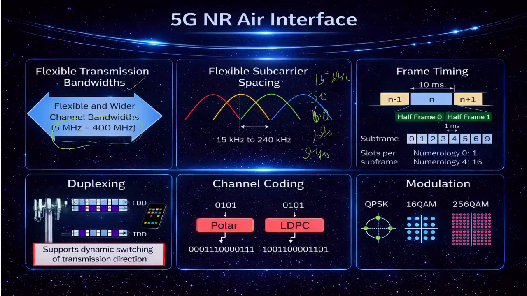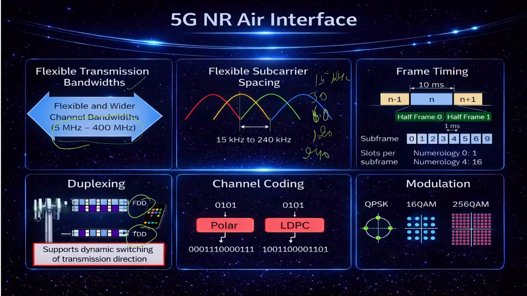And then you have the frame timings: it can have 1 slot per subframe, or up to 16 slots per subframe. Then duplexing: it can use FDD or TDD, time division duplexing. And then you have channel coding.